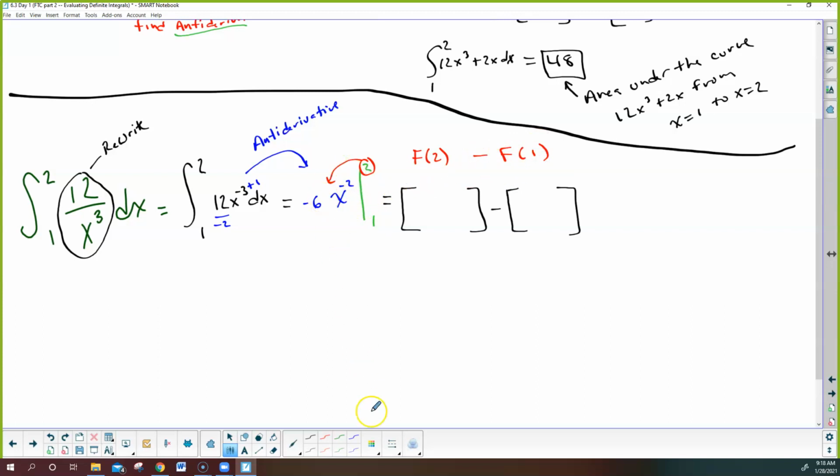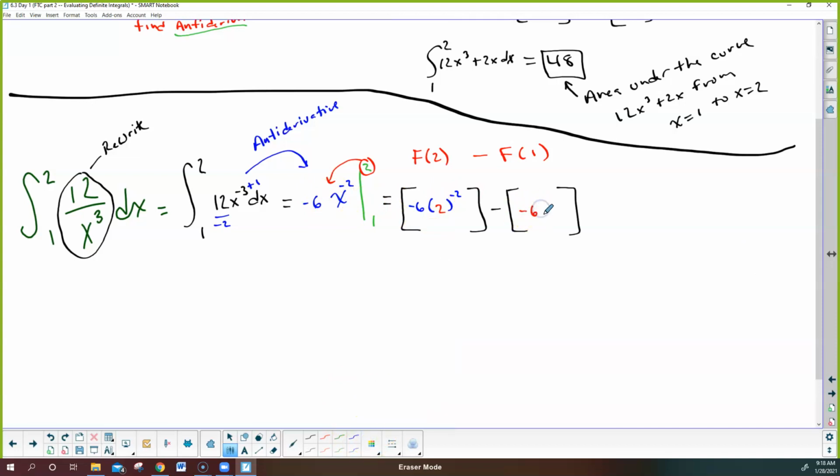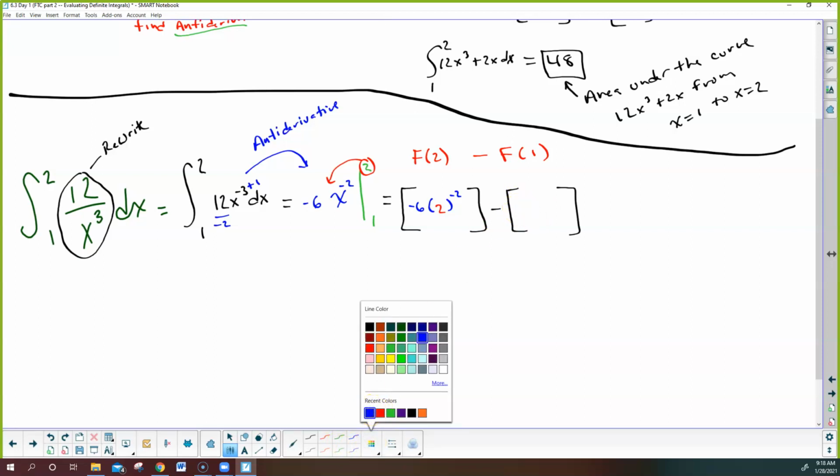So now I'm just plugging that into the function. So I'll plug 2 in. Since this only has one term, it's a pretty quick one. Blue. And then we're going to evaluate the antiderivative again, but this time we're doing it at the lower bound.